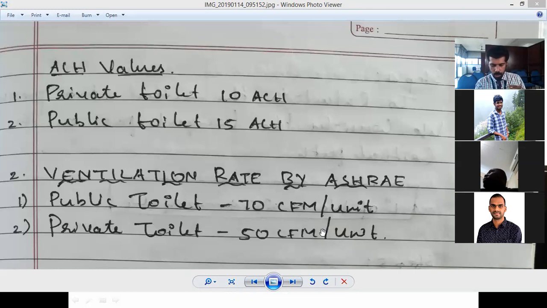Now write the heading: load calculation of ventilation system.